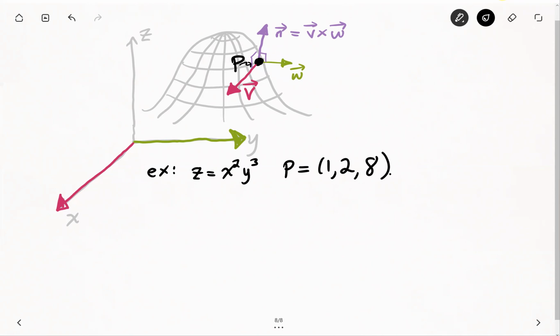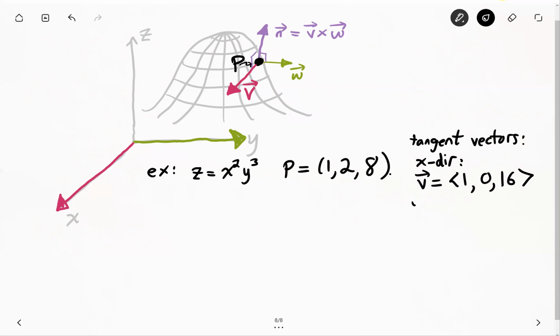And then we had our two slopes, the tangent vectors. We have two of them. In the x direction, I'll just call this v, that was 1, 0, 16. In the y direction, that tangent vector was 0, 1, 12.